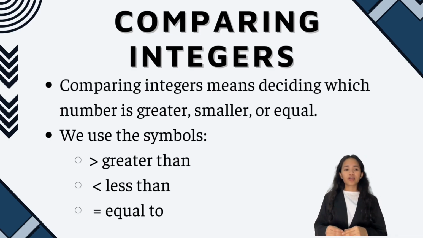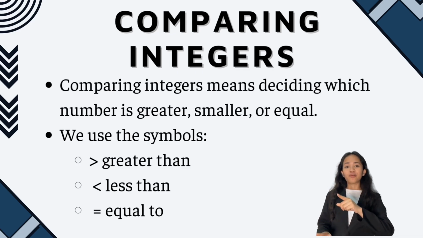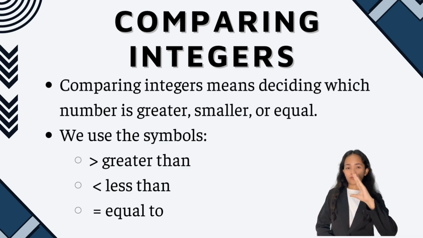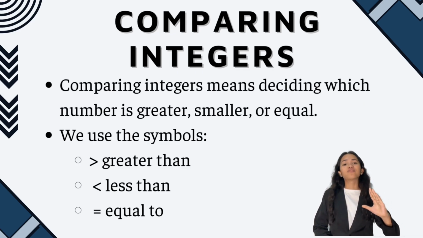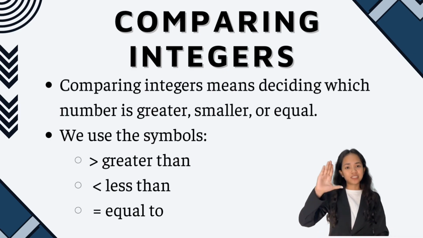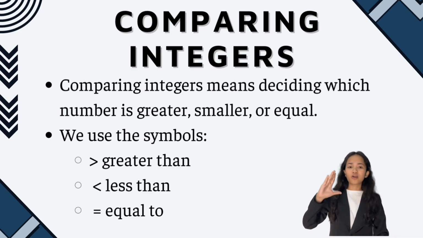And so, we use symbols like this for greater than, alright? And for less than, we have this symbol. For you to stay focused, I have one hint for you, class.